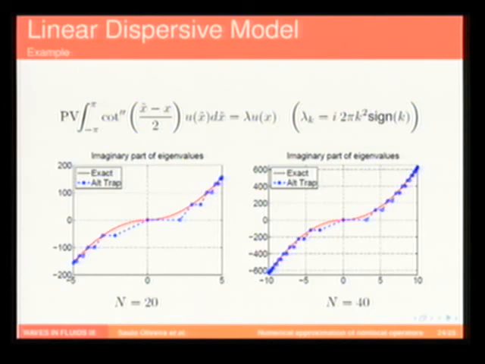This problem keeps on if we refine the mesh, so they will follow us, at least in the standard implementation, regardless of mesh refinement. We always have this issue of double multiplicity of eigenvalues.